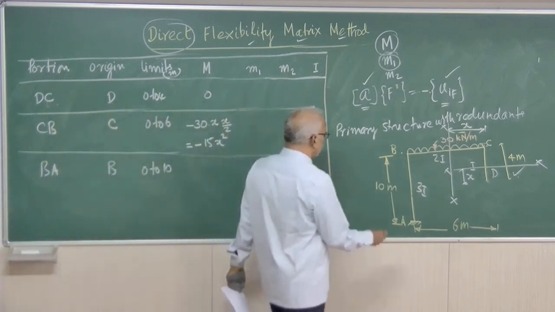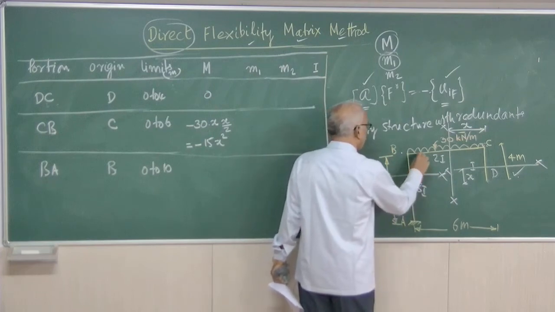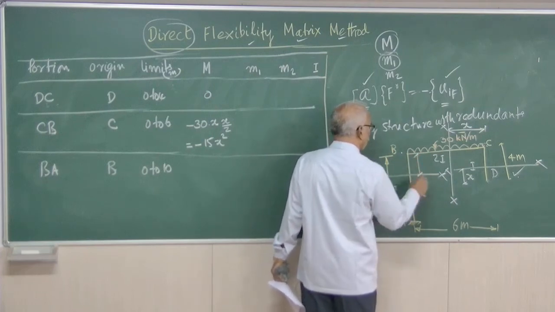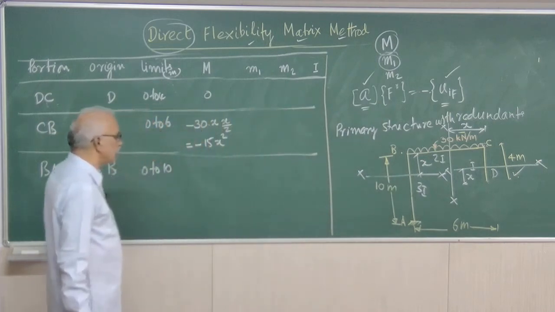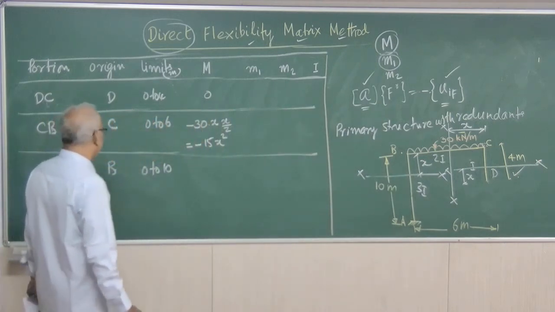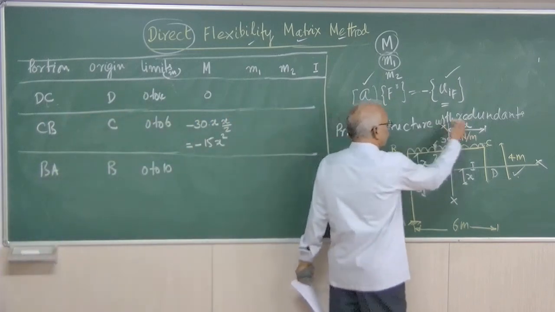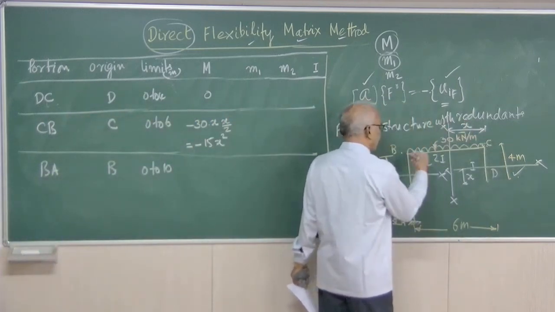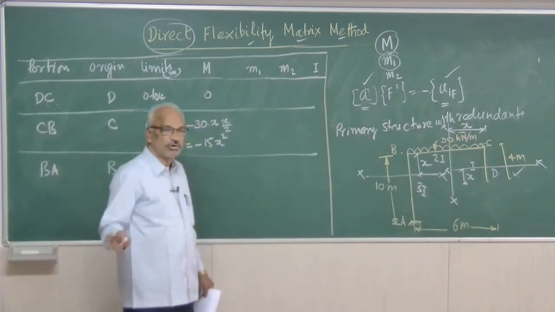Right. So when we consider XX at a height of x from B, B is the origin, to the right of the section, to the right of XX, there is only UDL, no point load, nothing.